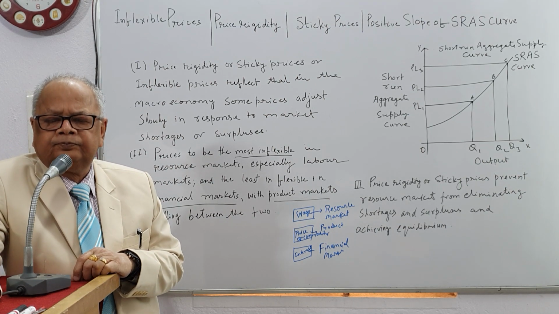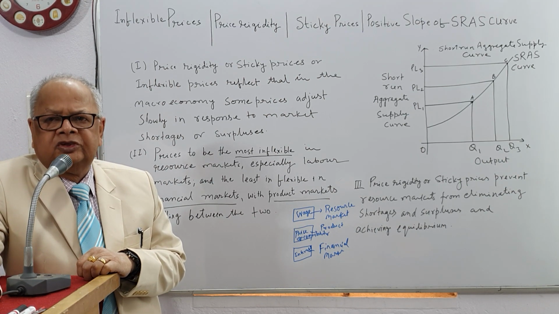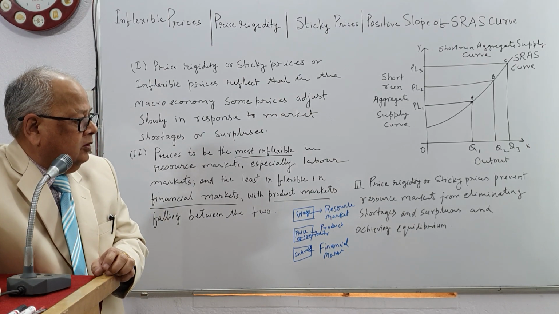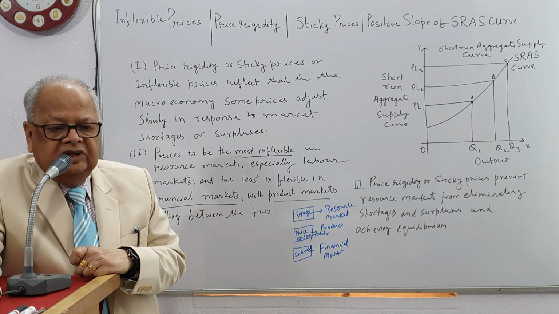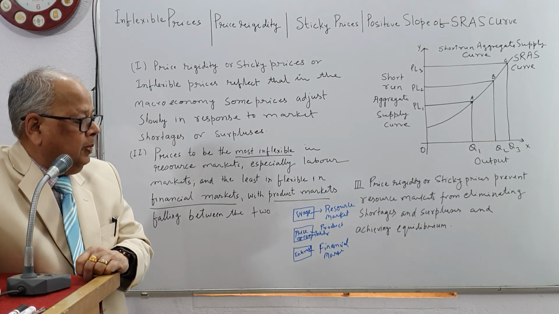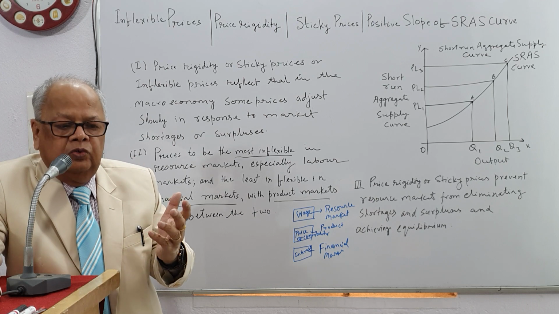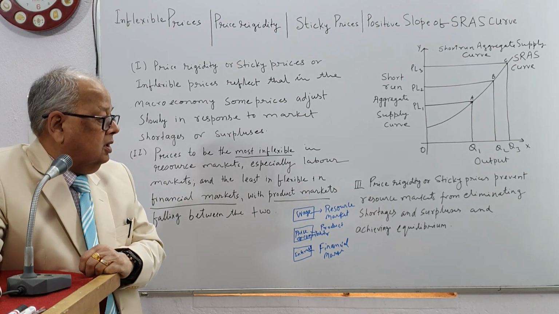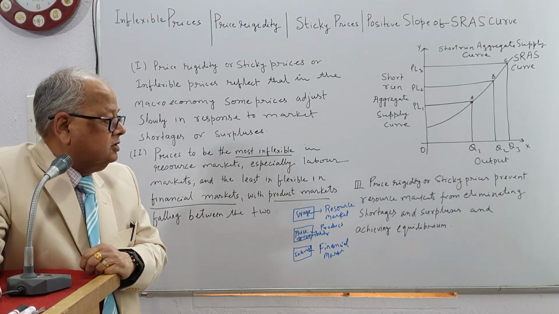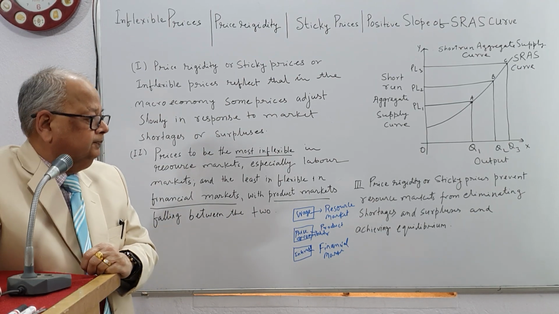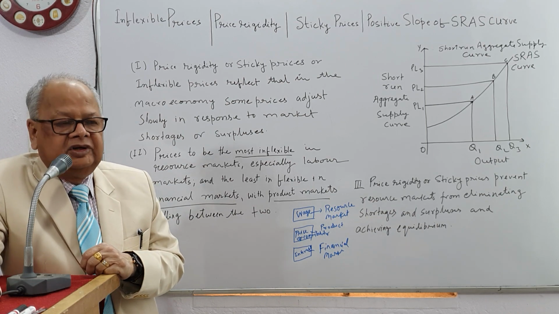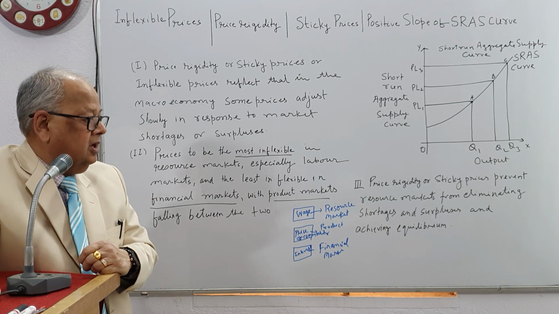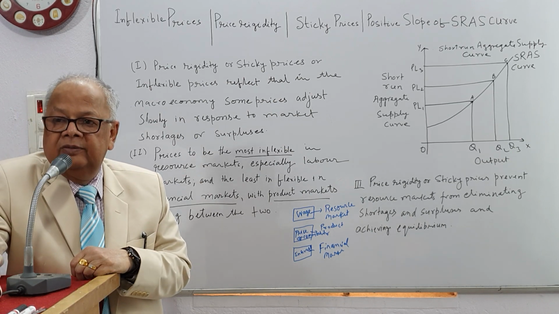Before proceeding further, what we find is price rigidity and sticky prices. Why do we read it? Because it prevents the resource market from eliminating shortages and surpluses and achieving equilibrium.